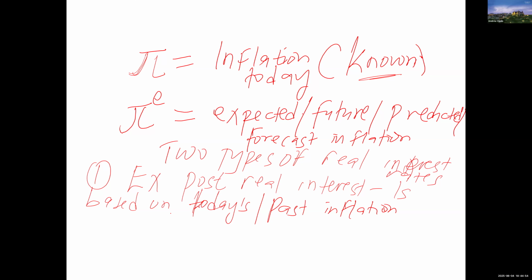So that means the real interest rate formula for that exposed inflation is going to be written as nominal interest rate minus pi. This is what we're going to be calling exposed real interest rate because it's based on inflation today.